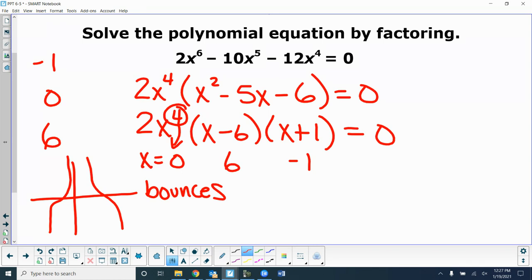If that happens, it has odd multiplicity. It will work at least 3 times as a 0. If it bounces, it works at least 2 times. If it goes straight through, it works once. If it bends, it works at least 3 times.